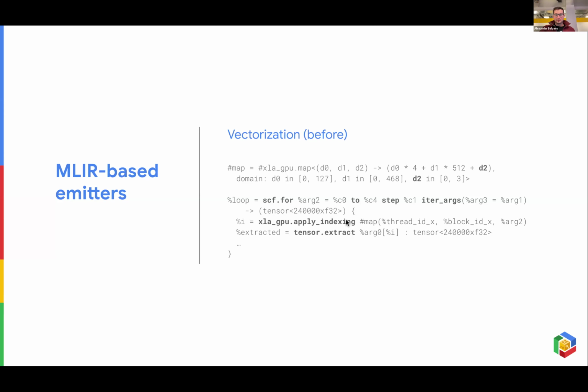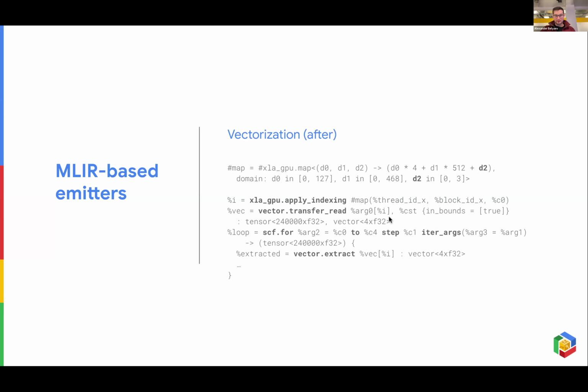But the elements are computed by apply_indexing, and we can take a look at this map and see that it just has this plus D2 that depends on the induction variable of the loop. It goes from 0 to 3, and we can use that and the alignment information to vectorize the tensor extract, and it becomes a vector transfer read hoisted outside of the loop, and then we have a vector extract per element, which is quite useful on GPUs, because on GPUs you have just vector loads and stores, but you don't really have vector operations for the compute.